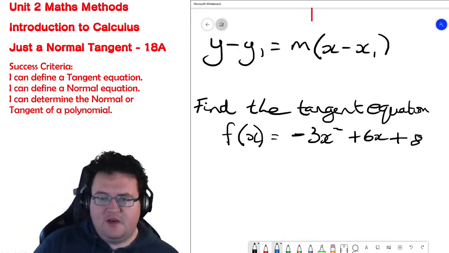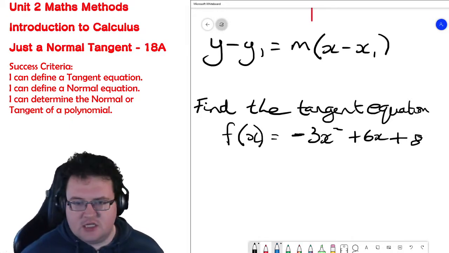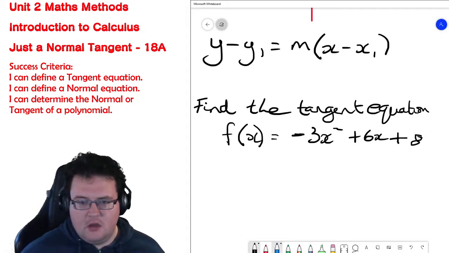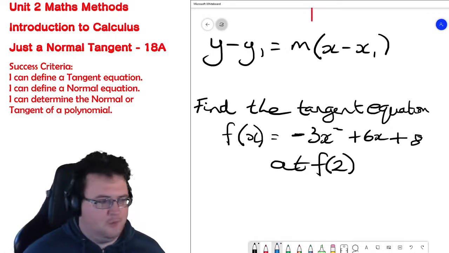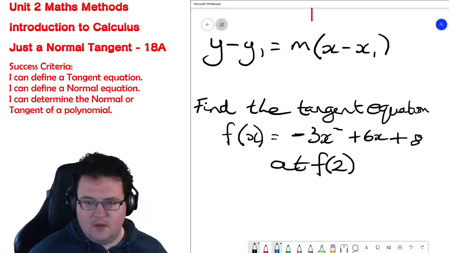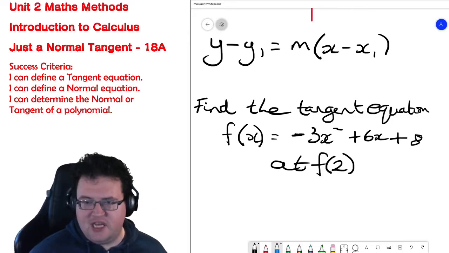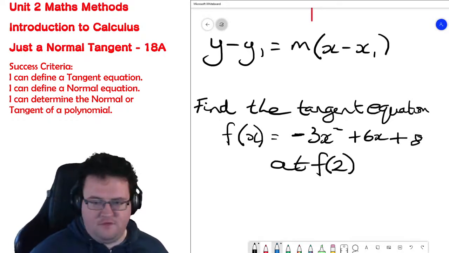All right. So we need to find the tangent equation of f(x) at f(2). So we need to find the tangent equation at f(x), where f(x) is negative 3x squared plus 6x plus 8, at f(2).